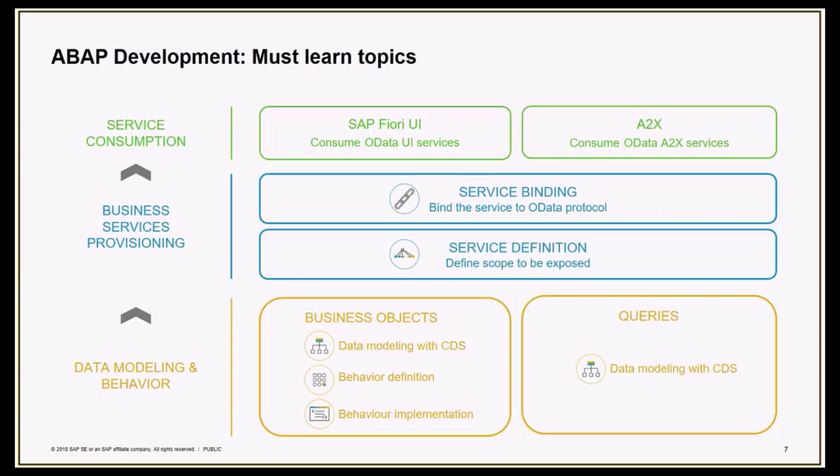But on the other hand, an A2X service, a cloud API, is an API, and APIs need a kind of versioning, release, and deprecation mechanism. So if we want to release now internally in S/4HANA services to the Open API Hub, we have to release them, and we have to take care for the lifecycle of this OData services.